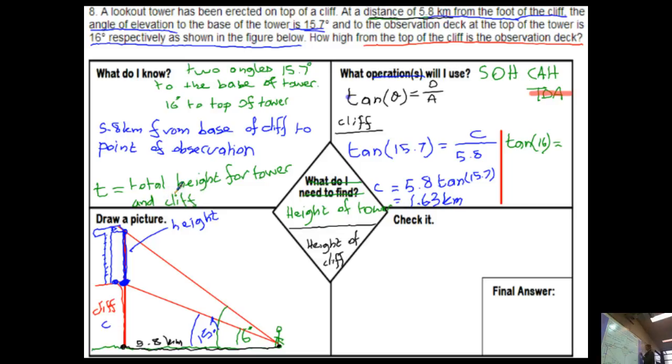Okay, so then tan of the angle is the same as the opposite side, being T, the total height. Opposite divide adjacent, and the adjacent is the distance we're standing away again, 5.8 kilometers. Okay, so that's the rule I have.